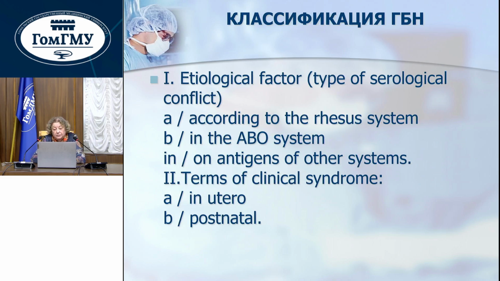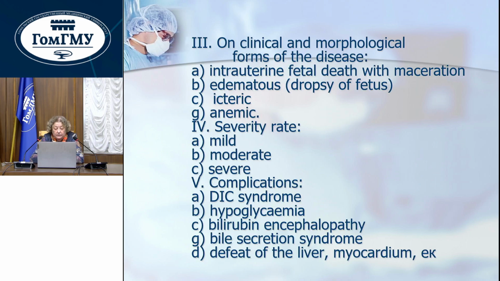Classification of hemolytic disease. Etiological factor or type of serological conflict is according to the Rh system and according to the AB0 system, and maybe according to antigens of other systems. The next is terms of clinical symptoms: in utero and postnatal. The third, on clinical or morphological form of disease.